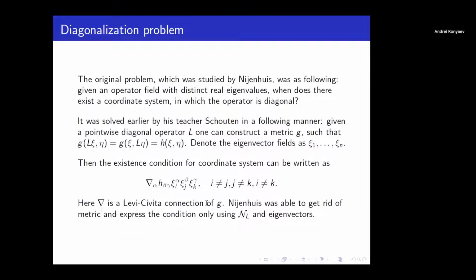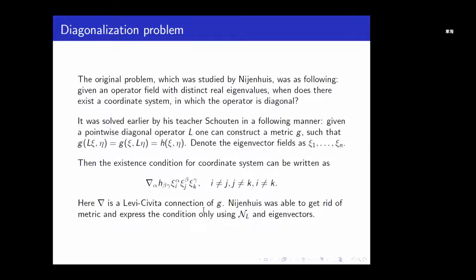The nice thing here is you need to substitute only pairwise different eigenvectors, so i is not equal to j, is not equal to k. See, the obvious thing which comes to mind if you look at this.